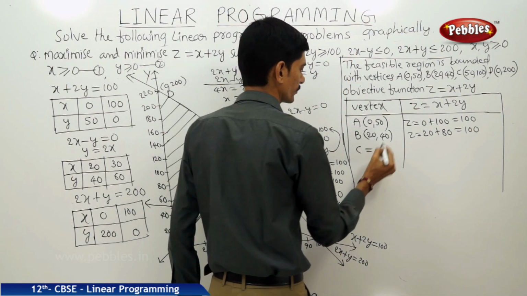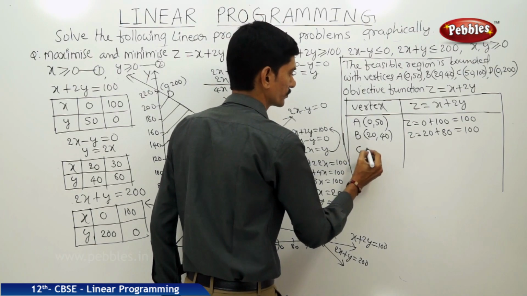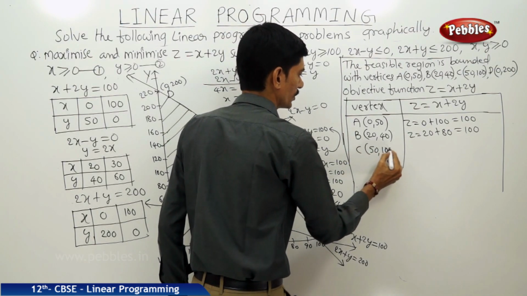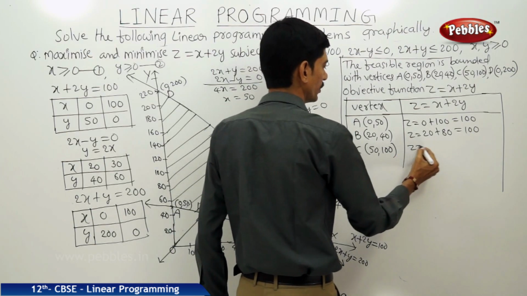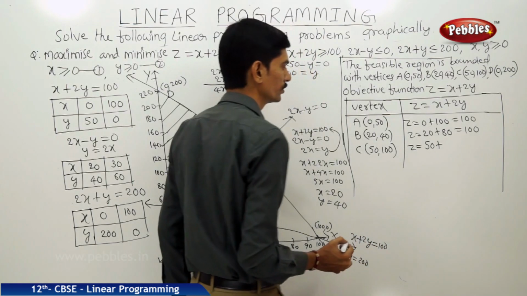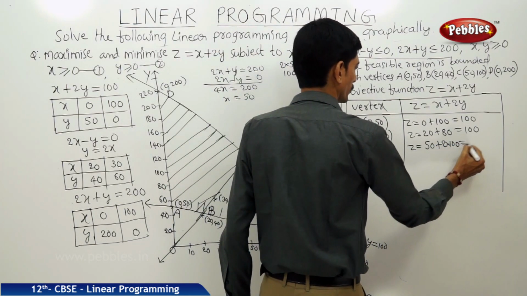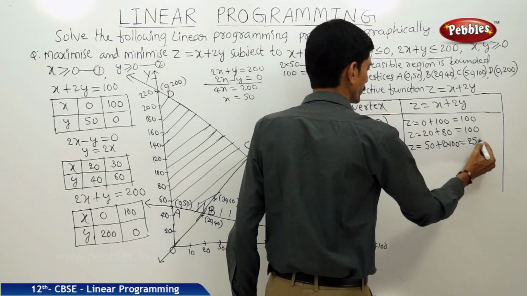At C, 50 comma 100, then z value is 50 plus 2 into 100, 200 plus 50, 250.